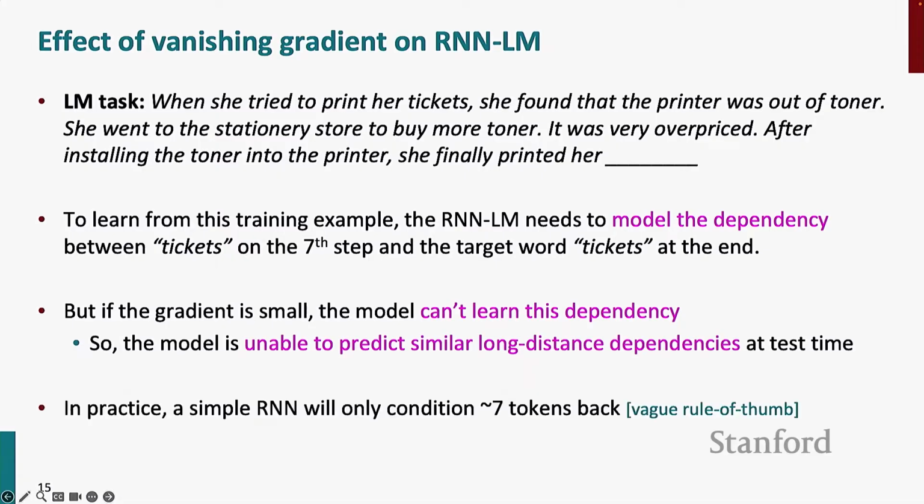This is a very rough back of the envelope estimate, but what people actually found is that with the kind of simple RNN we've introduced up until now, the amount of effective conditioning you could get was about 7 tokens back. If things were further back than that, it just never learnt to condition on them.